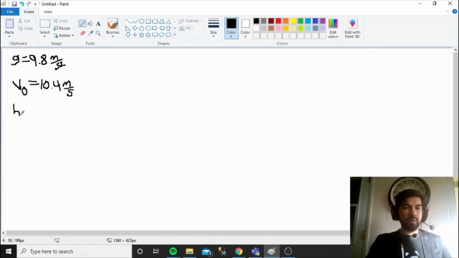And then my height, I want to say was 52.1 meters. So let's write down our knowns. And we're trying to find our unknown, the velocity at which it hits the ground. Let me change the color. Do you need to do this? No, but that's what I'm trying to find.